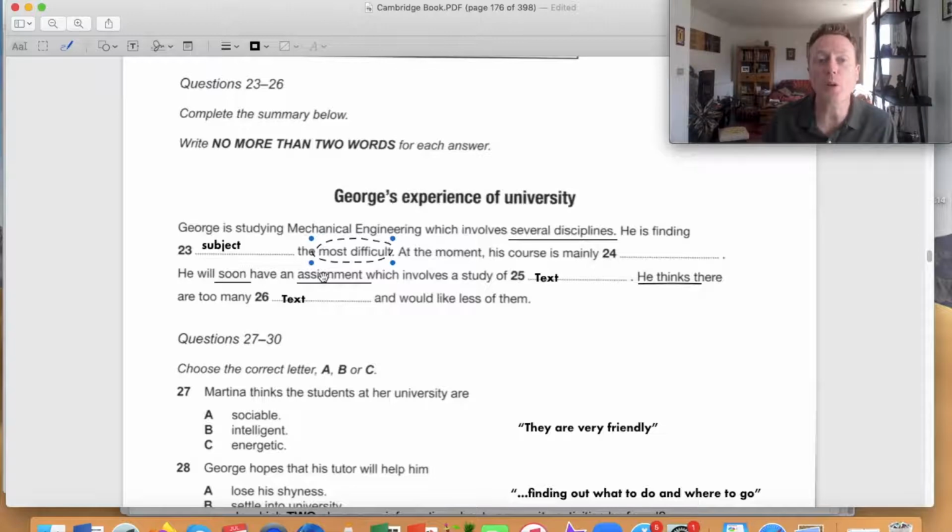So he might say project next week. We know it's here. Soon assignment. So what's our detailed word? Our detailed word is a study of. So we're listening for something that's soon, a project that's soon, and it's a study of something.